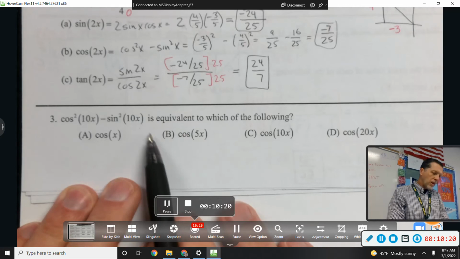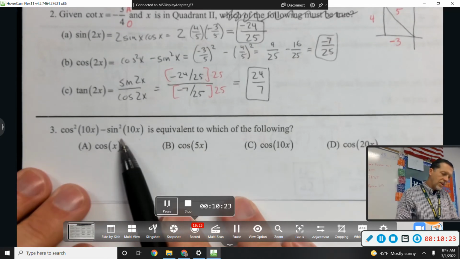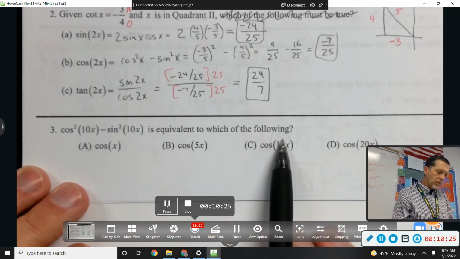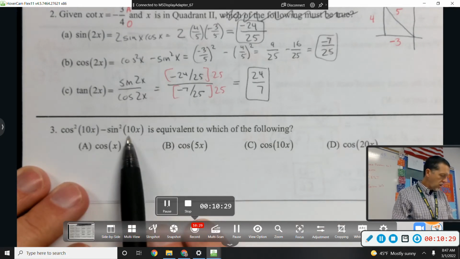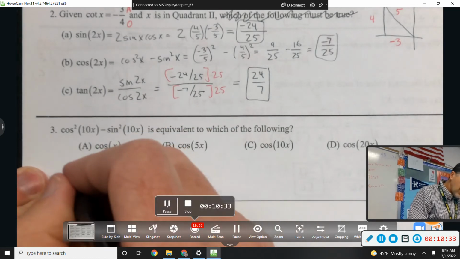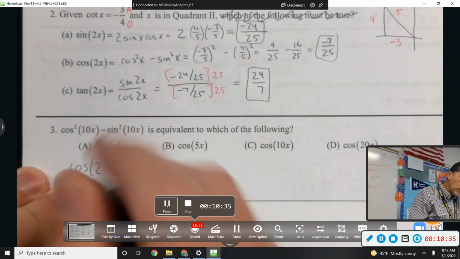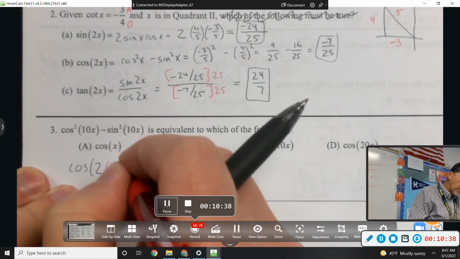Number 3. Cosine squared minus sine squared is equal to which of the following? Ooh, cosine squared minus sine squared. That's cosine of 2 times whatever the argument is, though, right?